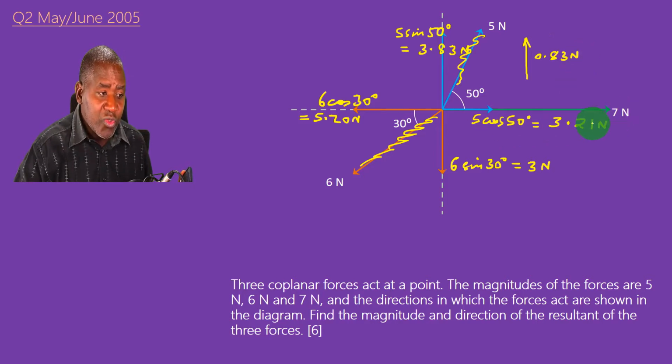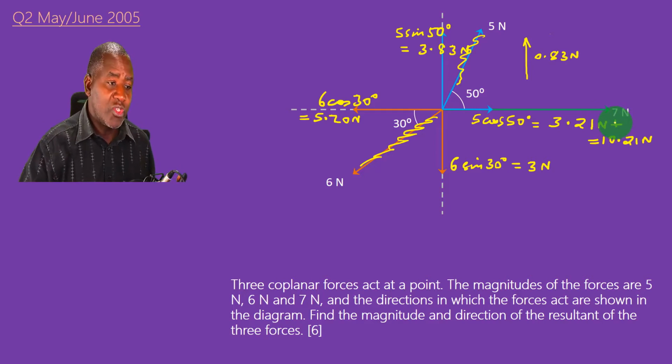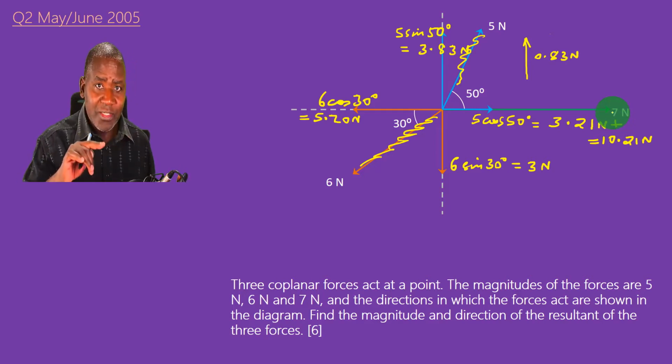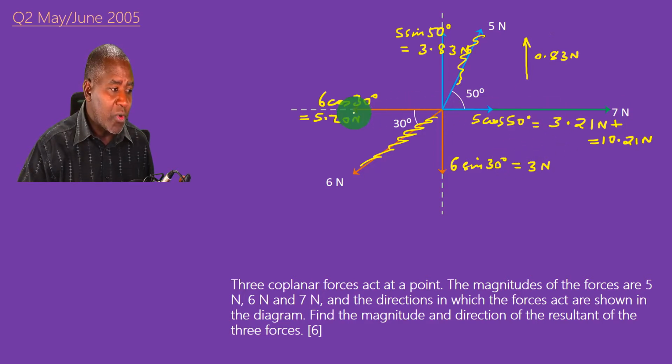How about these ones? There is this 7 newtons and there is 3.21. I add the two, I get 10.21 newtons. Because when two forces are acting in the same direction, to get the resultant of the two, I just need to add them. But when I bring in the one which opposes that, which is 5.2, I've got to subtract this from this, and the result should be in this direction.